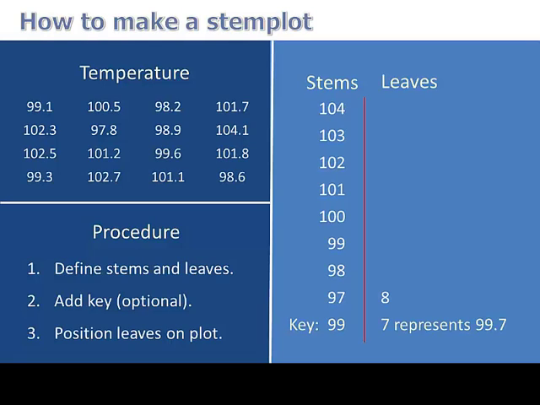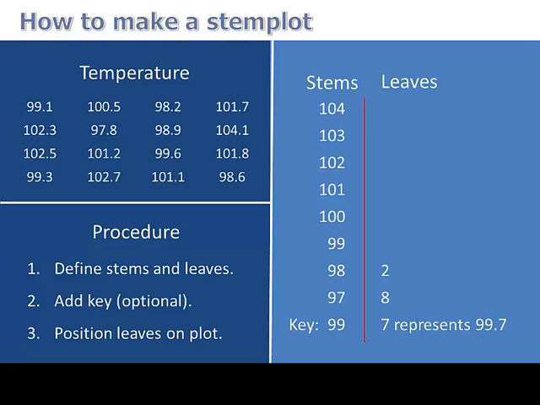The next highest temperature is 98.2, which we add to the next row. Here, a stem of 98 plus a leaf of 2 represents a temperature of 98.2.